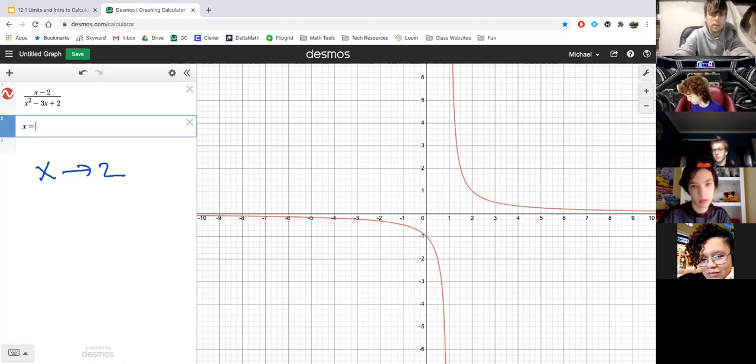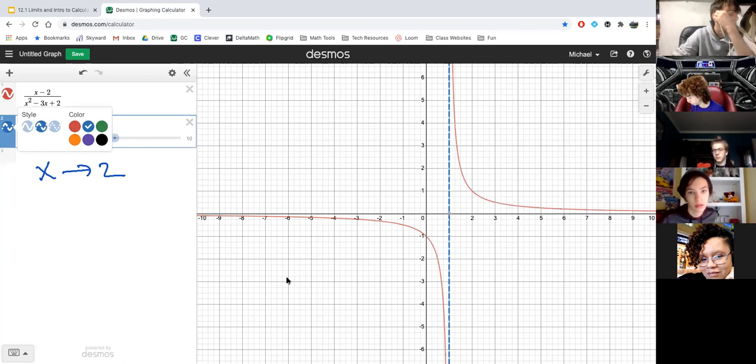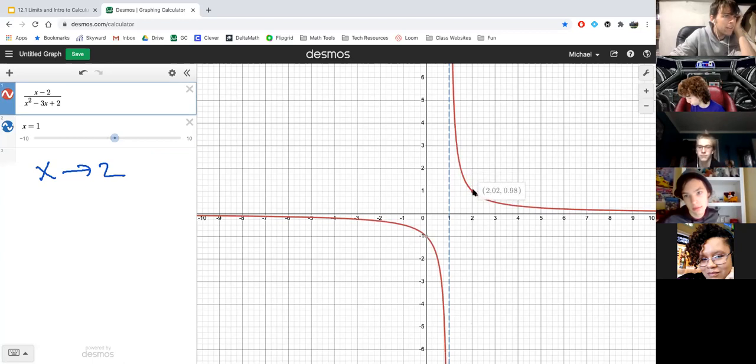Because if we type in a line here at x equals 1 and we make it an asymptote, we can see that there's definitely a vertical asymptote here. But the question is, why is 2 okay? 2 is undefined. So our graph actually has a hole at 2.